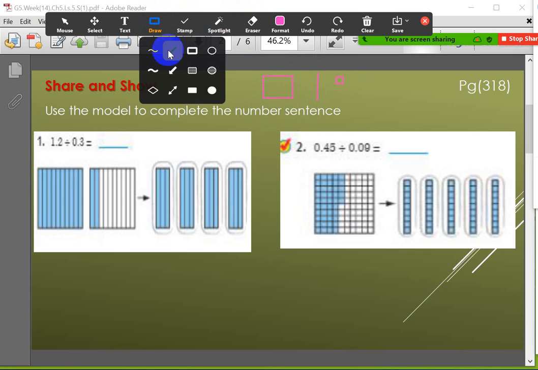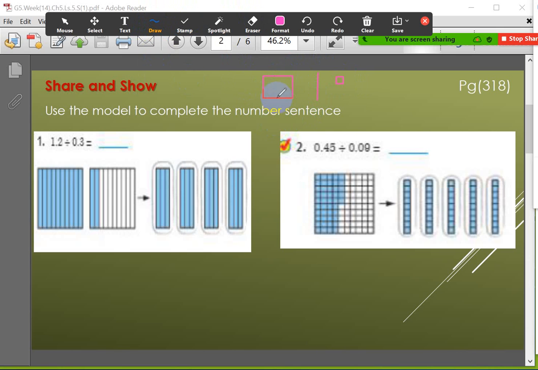So this is the ones, this is the long, and this is the small cubes, the hundredths.